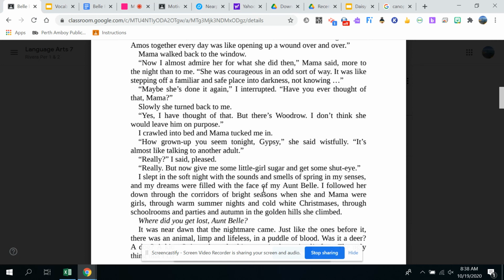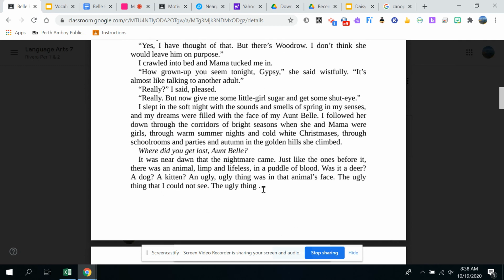It's pretty messed up. I crawled into bed and Mama tucked me in. How grown up you seemed tonight, Gypsy, she said wistfully. It's almost like talking to another adult. Really? I said, pleased. Really. But now give me some little girl sugar and get some shut-eye. I slept on a soft night with the sounds and smells of spring in my senses. And my dreams were filled with the face of my Aunt Belle.